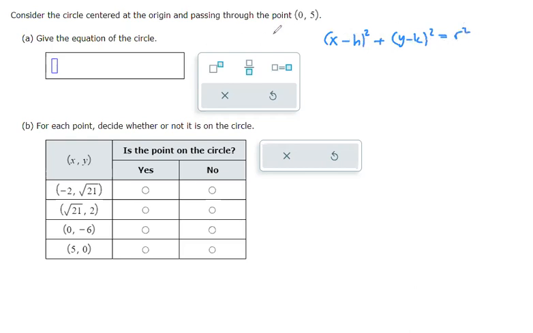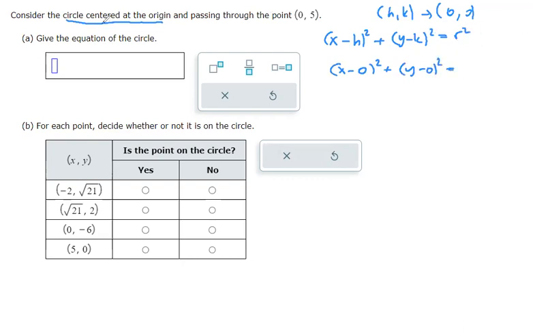But in order for us to do so, we need to know the center, which we are told is the origin. So h comma k is the center of the circle, which we are given as the origin. So I'm going to choose 0, 0 for x and y. So that will be x minus 0 to the second power and y minus 0 to the second power. But the question is, how do I get the radius?